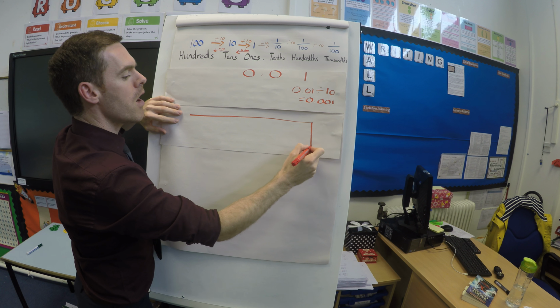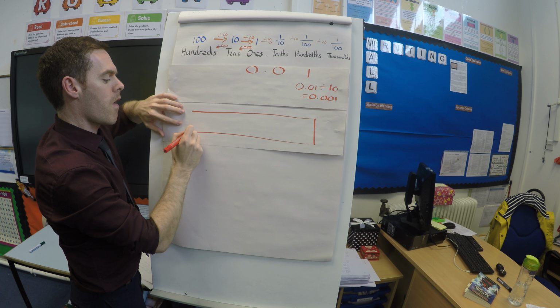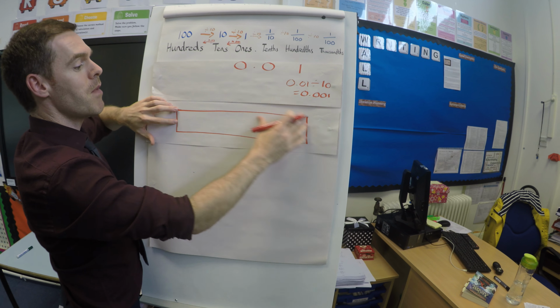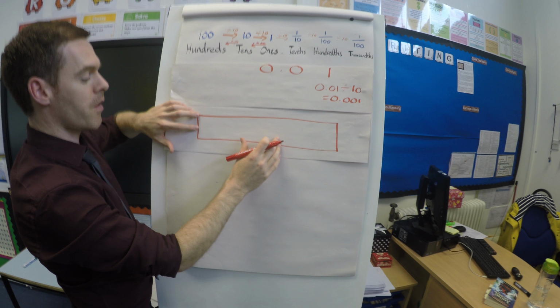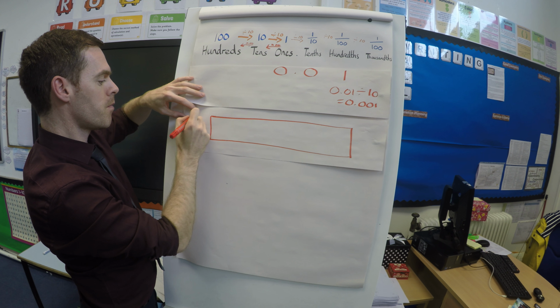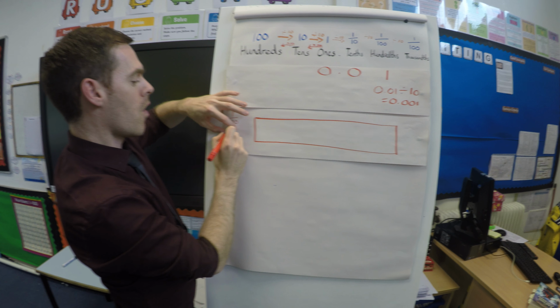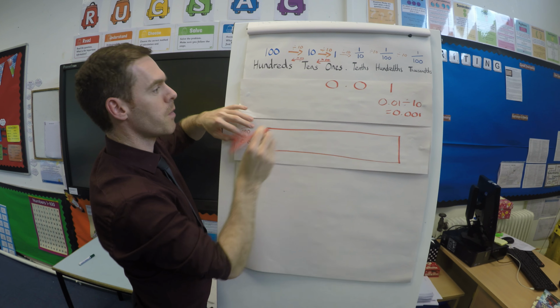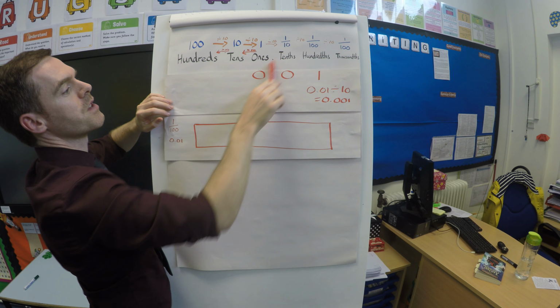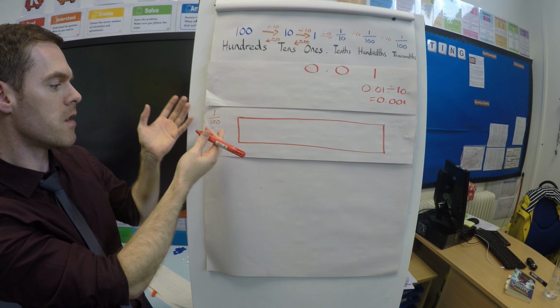Let's look at that with the bar. So I've got my bar. And my bar this time represents 1/100th, okay? It could be a fraction, but there are just two ways of writing 1/100th: 1/100th or 0.01, because we've seen that that's how you write 1/100th as a decimal. Both are exactly the same.